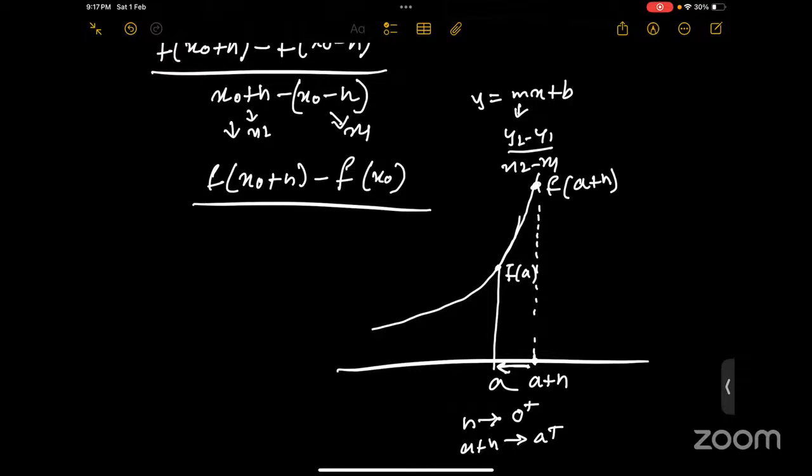So whenever the point a plus h will be tending towards the point A, the functional value of the point a plus h will be tending towards the functional value of A, f of A, right? So when a plus h is there, then the value will be here. Again, a plus h is there, means the functional value is there. So eventually, if I tend a plus h towards A, then f of a plus h will be tending towards f of A, right?